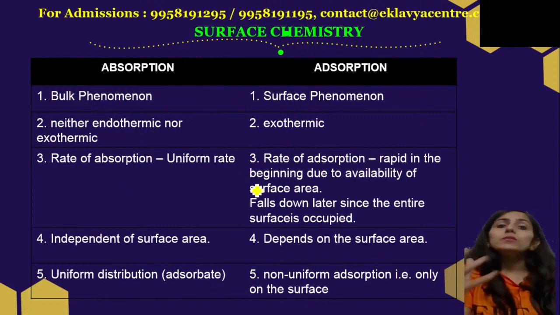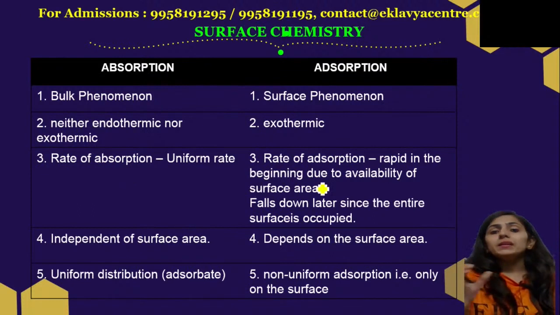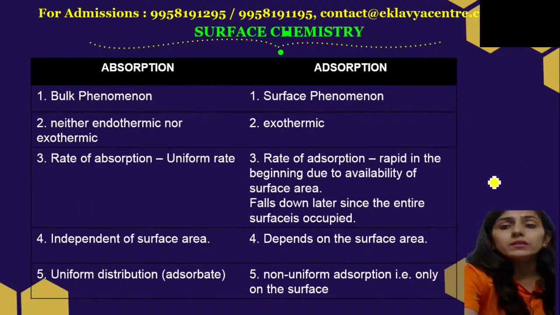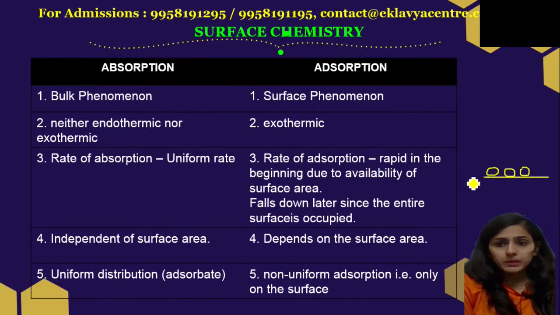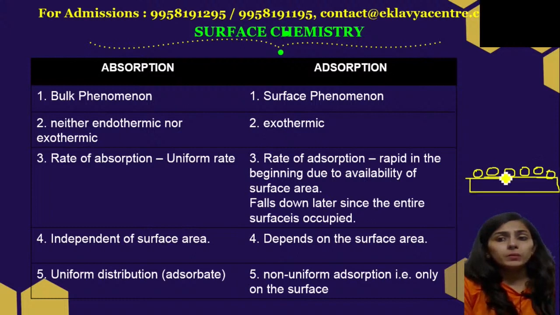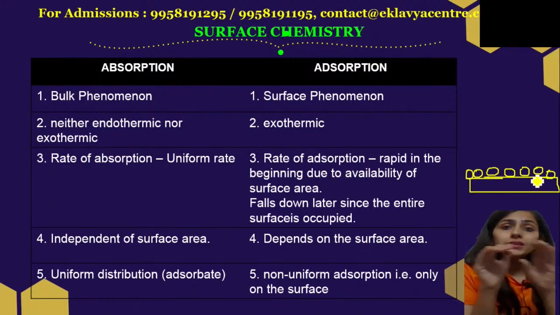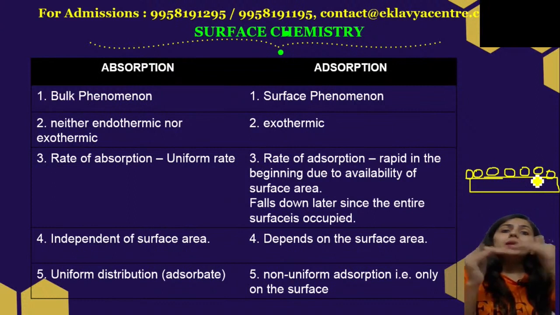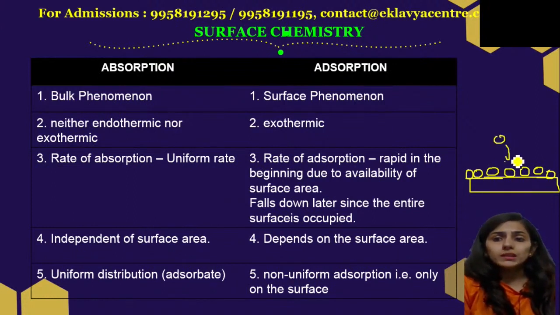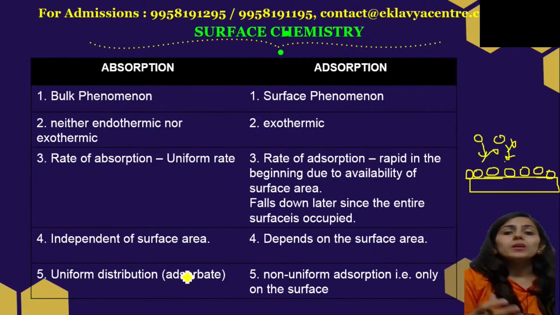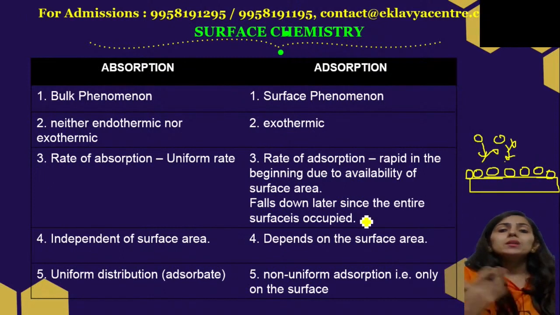But adsorption is rapid in the beginning due to the availability of surface area, because we know adsorption is a surface phenomenon. Initially, when there were no molecules present on the surface, the rate is very high. But once the surface gets accumulated by molecules, can further molecules come? No, they cannot enter. So the rate falls later since the surface is occupied.